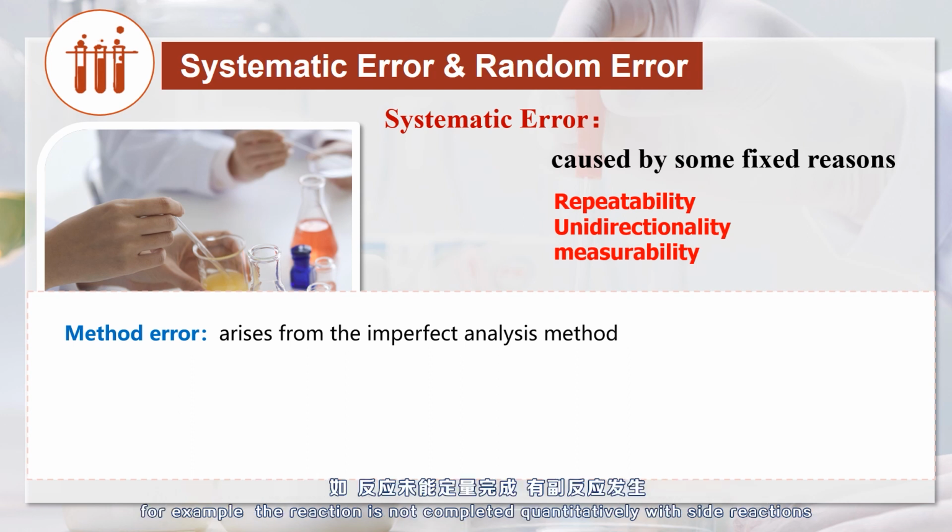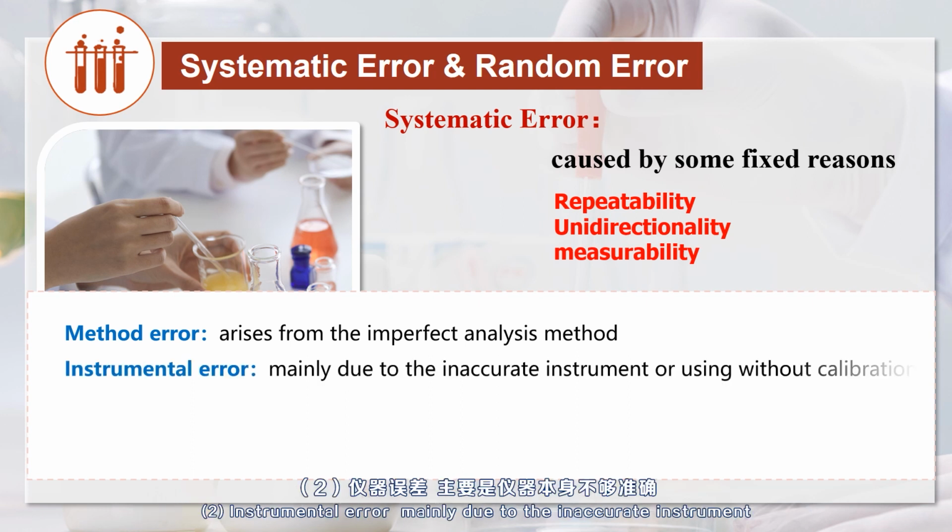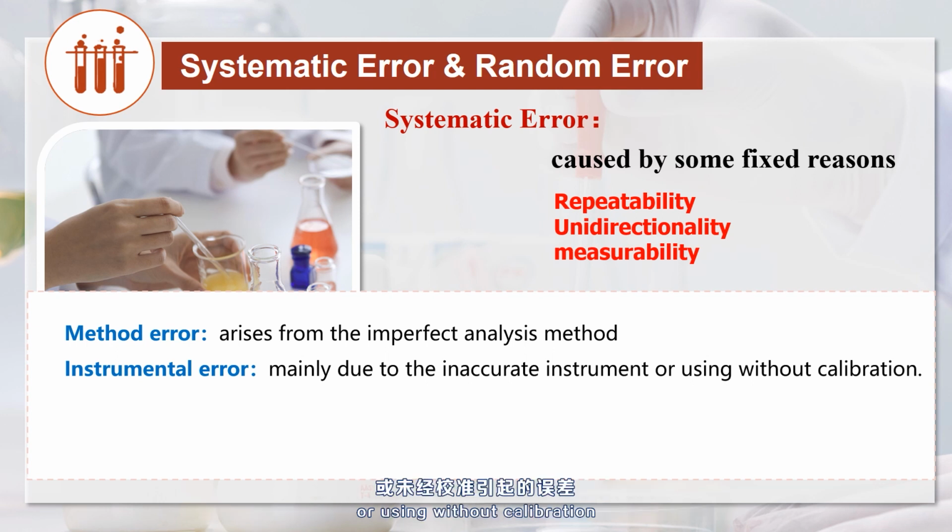For example, the reaction is not completed quantitatively with set reactions, the endpoint error caused by the inconsistency between the titration endpoint and the stoichiometric point, and the existence of interference components. 2. Instrumental error. Mainly due to the inaccurate instrument or using without calibration.